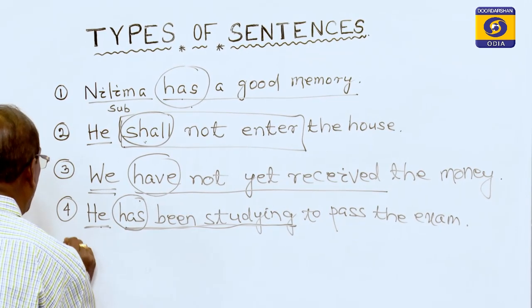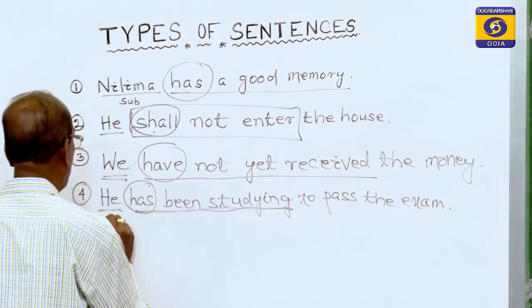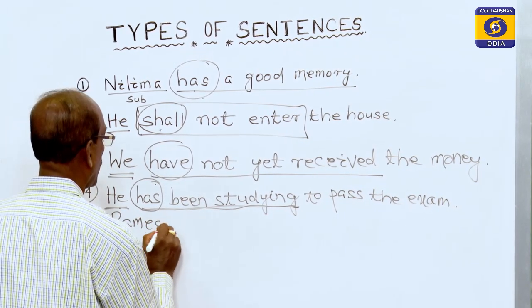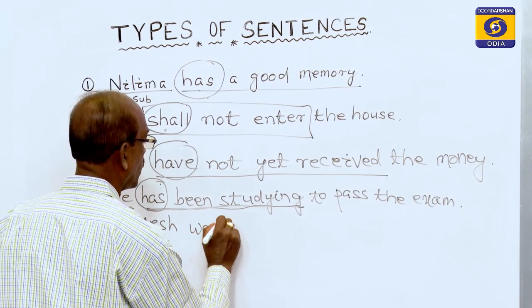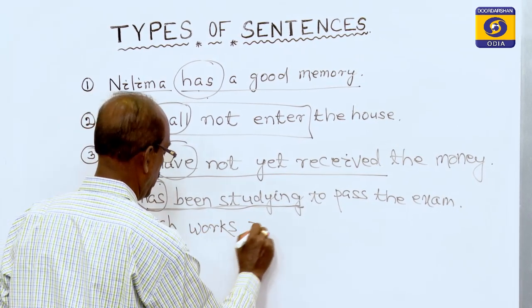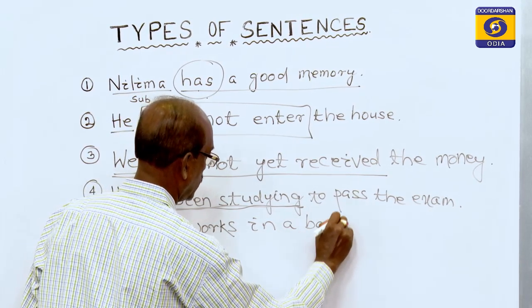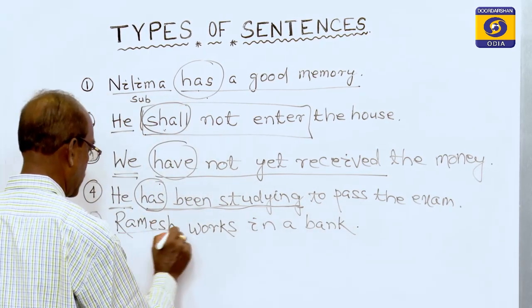And the fifth one is what? Ramesh works in a bank. Which one is the subject here? Ramesh.